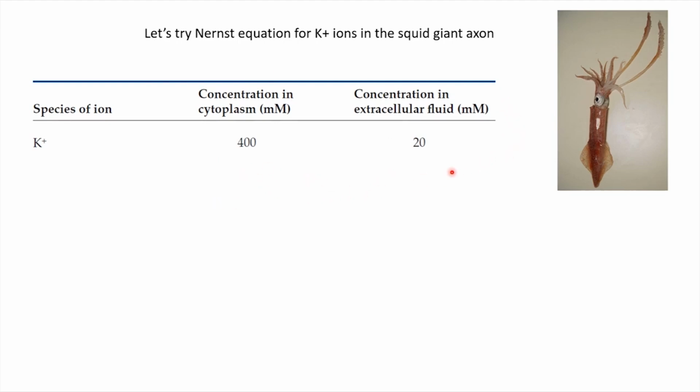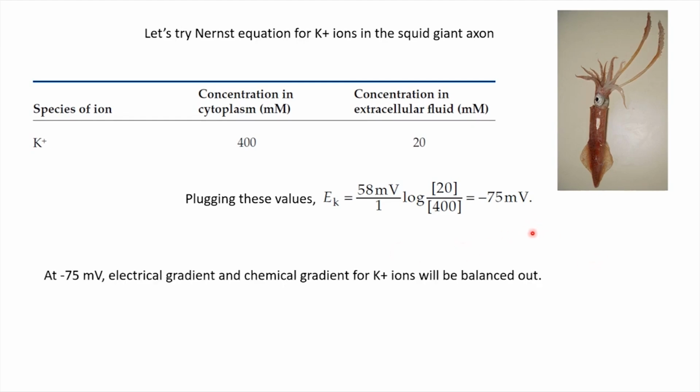And we just need to know the ratio of these two values. So if we plug that in this formula, 58 millivolts over Z, Z is +1 for potassium, log concentration outside over concentration inside, this turns out to be -75 millivolts. So the equilibrium potential for potassium ions in the squid giant axon at room temperature is -75 millivolts.